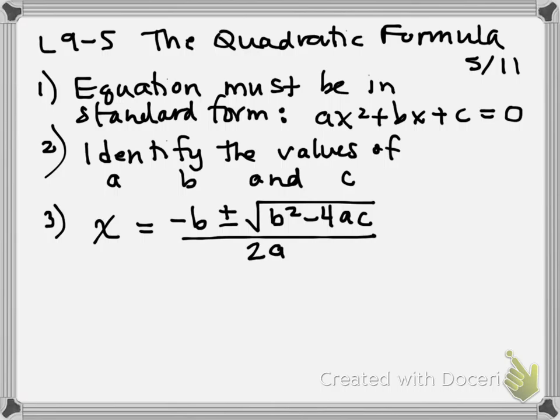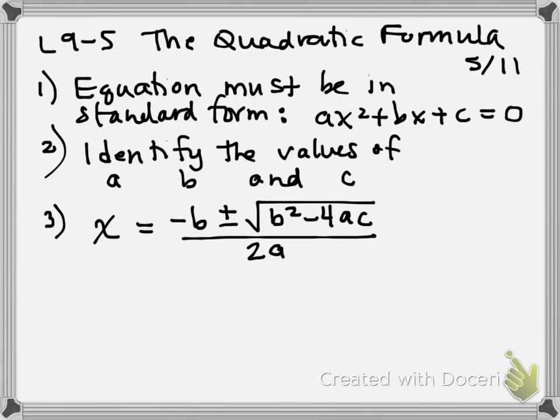1, 2, 3. X equals negative b plus or minus square root b squared minus 4ac all over 2a. We're going to do it one more time together, and then you're going to do it on your own. Together as a group. But I think what I may end up doing is making you do it individually down the line. Here we go. 1, 2, 3.